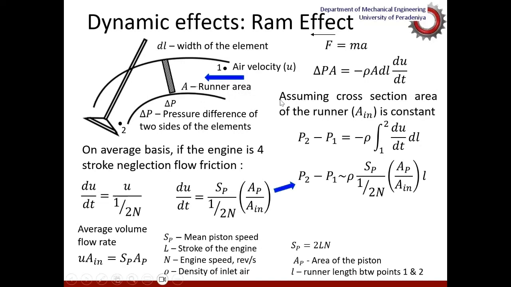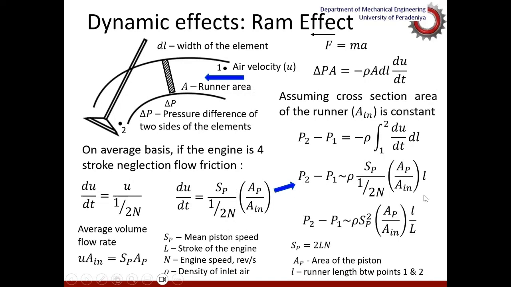And if you substitute this into the equation that we found earlier, then we can obtain a relationship for the pressure difference between point 1 and point 2, assuming that this quantity is independent of L, that is the length from 1 to 2.